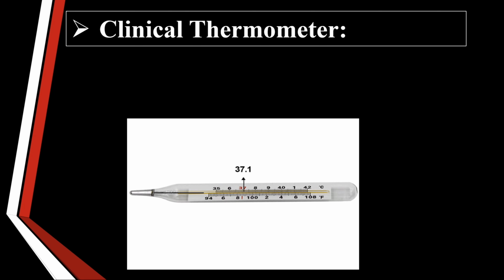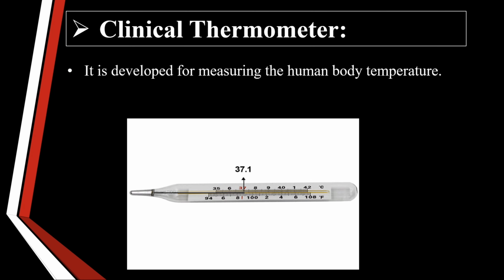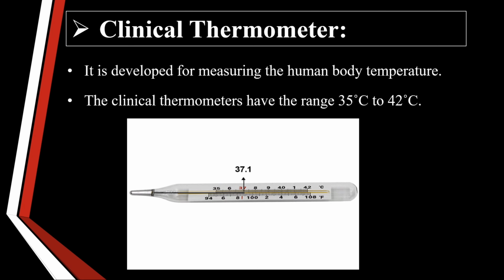Let's discuss clinical thermometer. Clinical thermometers are meant for clinical purposes. It is developed for measuring the human body temperature. It is a long, narrow glass tube with a bulb containing mercury at the end. The normal human body temperature is 37 degrees Celsius, which can fluctuate between the range 35 degrees Celsius to 42 degrees Celsius.